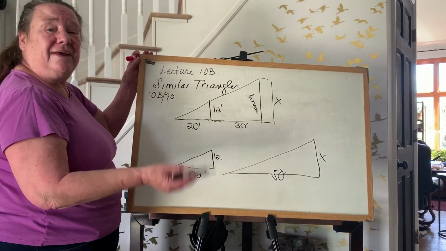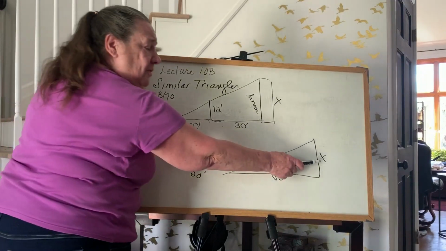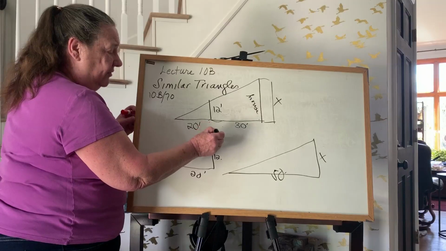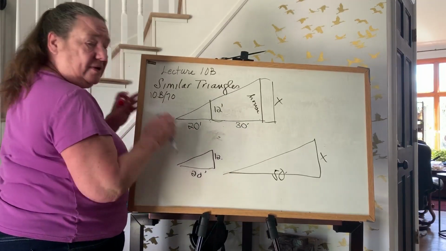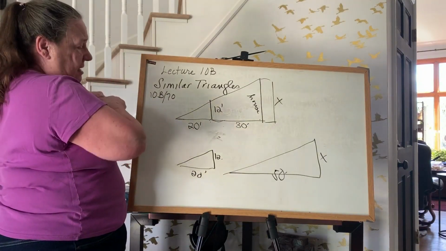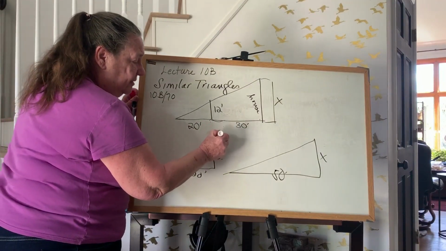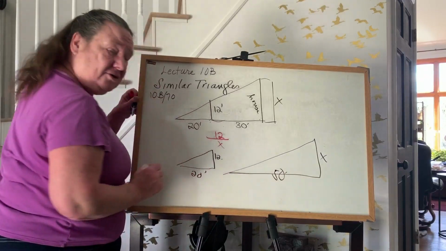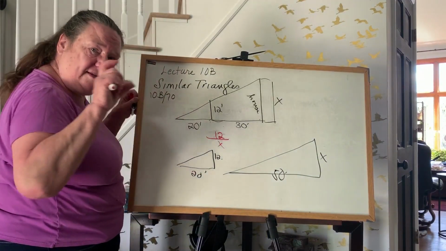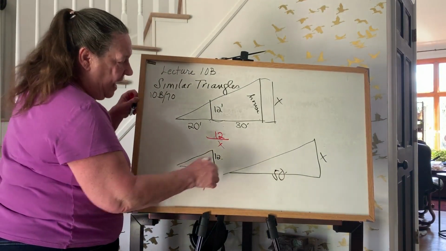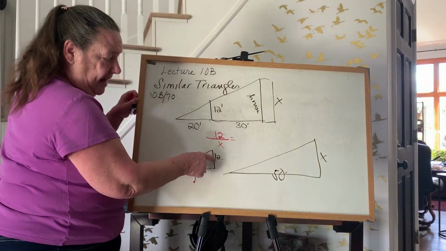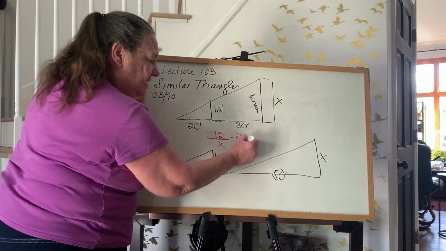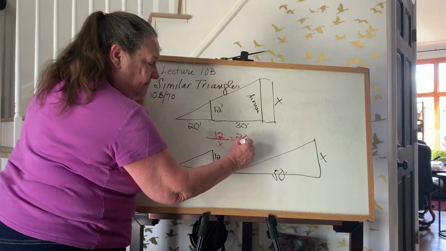Okay? Now we're going to set up our similar triangles. I'm looking for this piece. So I'm going to go 12. Well, let me do it in red so you can see it with my picture. I'm going to go 12 is to X, because those are the same shapes, or the same configuration, as I started with 12, so I have to start with 20. 20 is to 50.